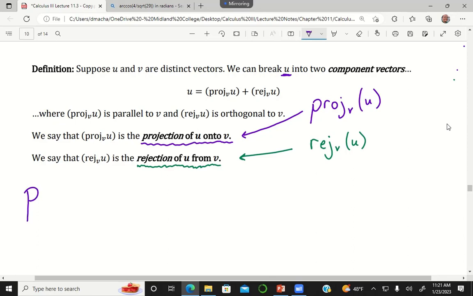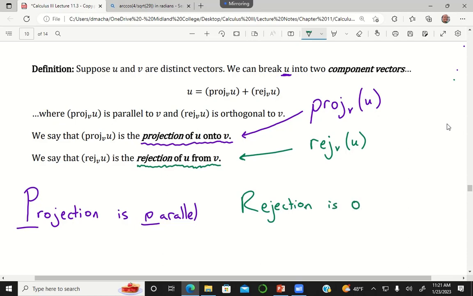But the projection is parallel, and the rejection is the word we just learned, orthogonal.